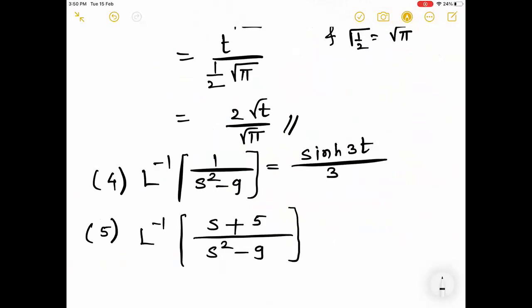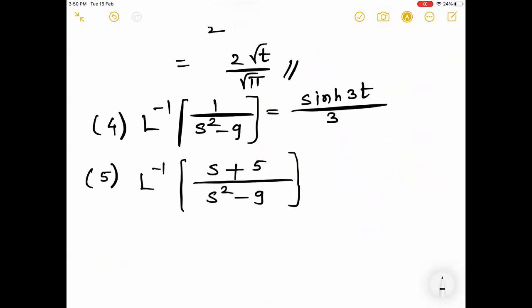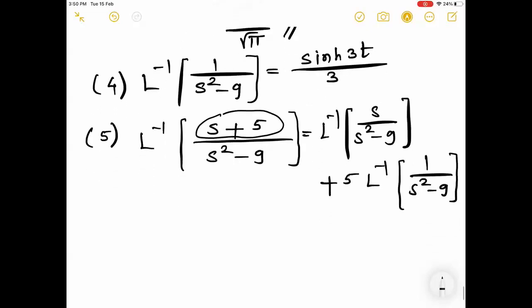Then what I will do: because it is not a standard function, but I can express it as a standard function since the numerator contains 2 terms, I split them and write it as inverse of s upon s square minus 9 plus, now that 5 is a constant, which you can keep outside, 1 upon s square minus 9. Got it? Following?